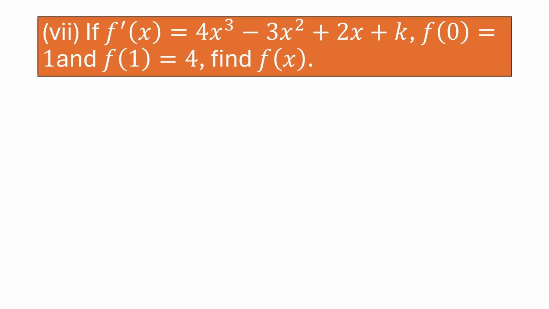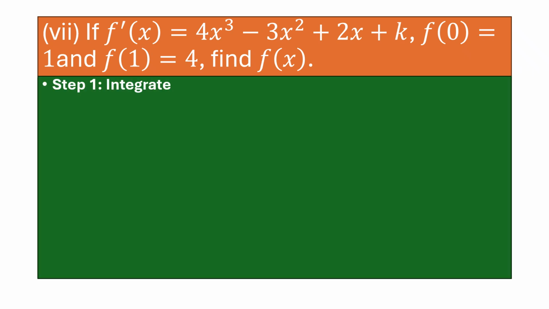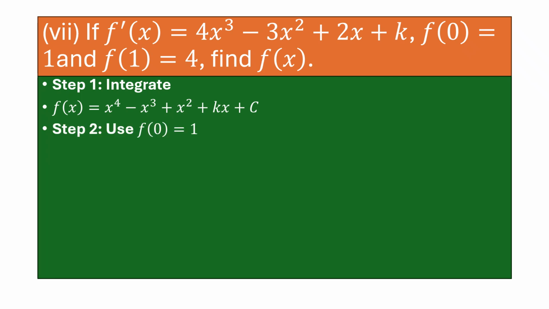Question number 7. f dash x is given. f of 0 is 1 and f of 1 is 4. You have to find f of x. Again, the first thing you need to do is integrate to find f of x. Now, if f dash x is given, students, it's a reverse. When we talk about differentiation and integration, one is the reverse of the other. So f dash x is given, you have to find f of x.